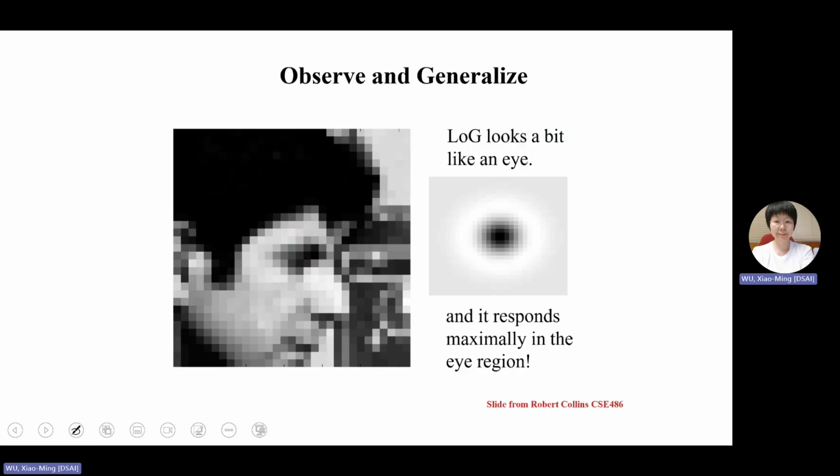So intuitively, LOG looks a bit like an eye, and it responds maximally in the eye region because the size of the eye region happens to align well with the size of the LOG filter when sigma is 2. Their sizes match with each other. That's why it achieves maximum response.